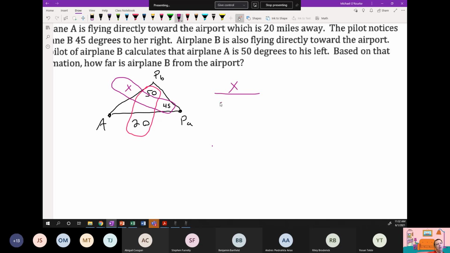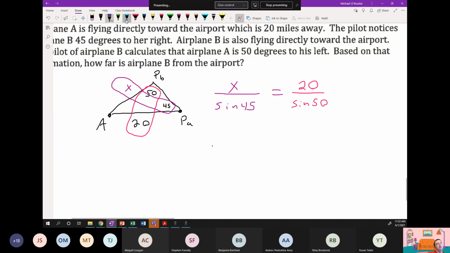Good. Sine 45. Sine 45 equals... Now, I did side on top here, so I can do side on the top and the other side, which is going to be 20 over its buddy, which is sine 50.